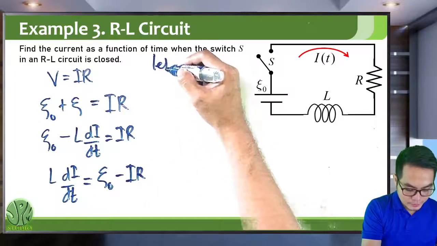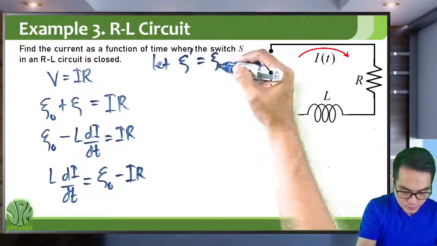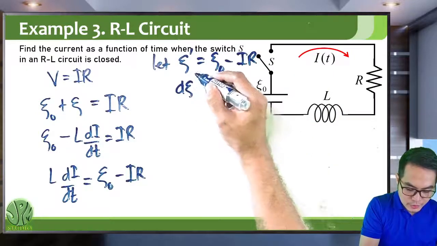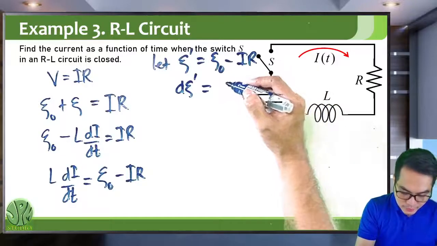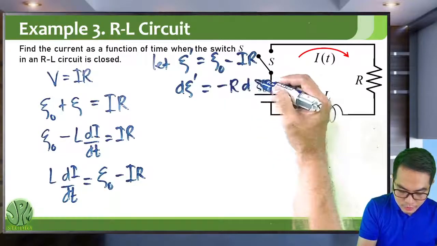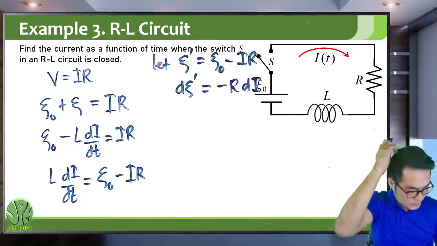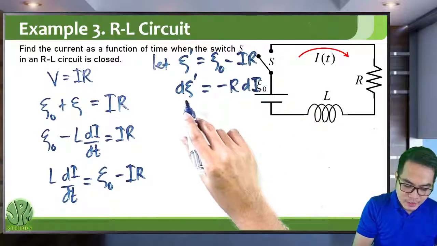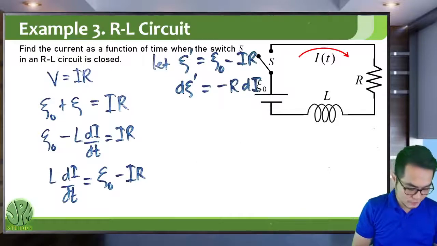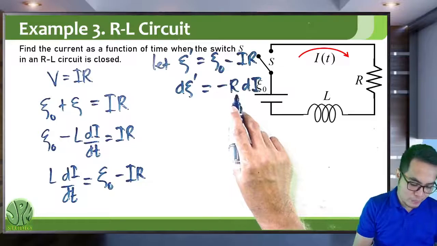So we let EMF prime equal EMF naught minus IR. Meaning the differential of this is just equal to negative R dI. So dI is just negative dE prime over R. So I can change dI here with negative dE prime over R.